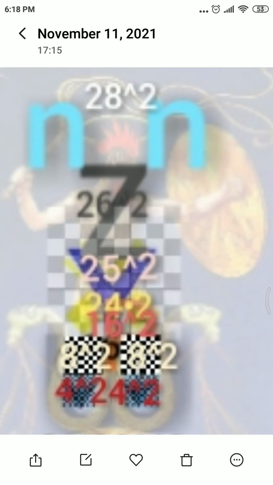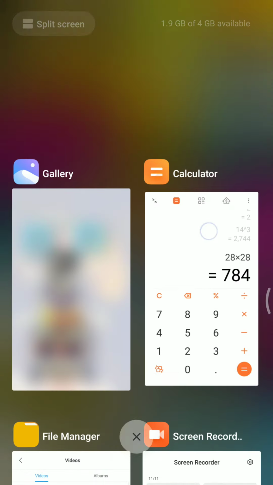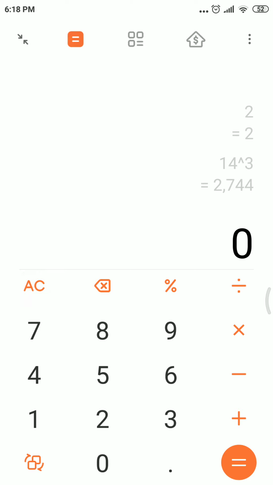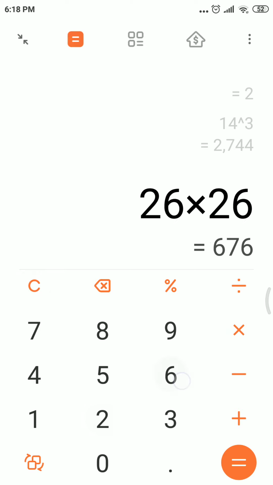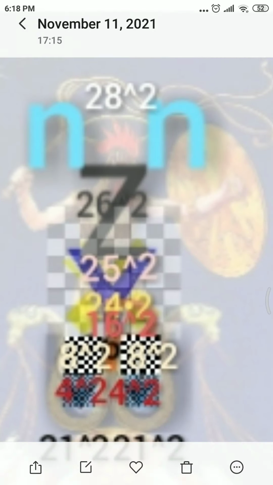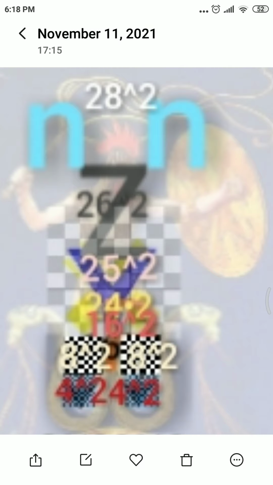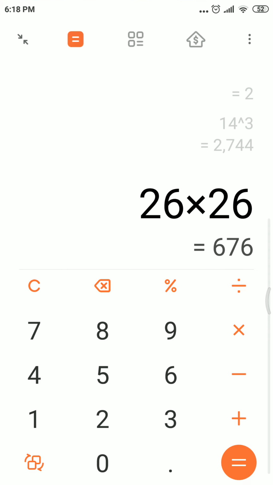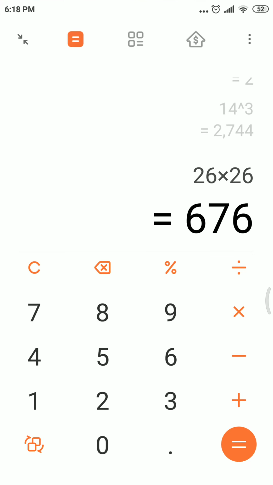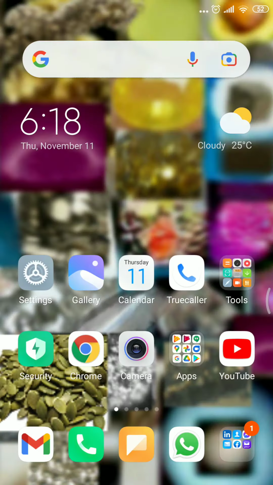Not quite Z. That was 28 squared. No, this 26 squared is interesting. 26 squared is 676. Sorry, I explained about 28 squared directly, but we were still in the 26. So 26 squared is basically 676, in the sense the seventh dimension has two dimensions on either side.